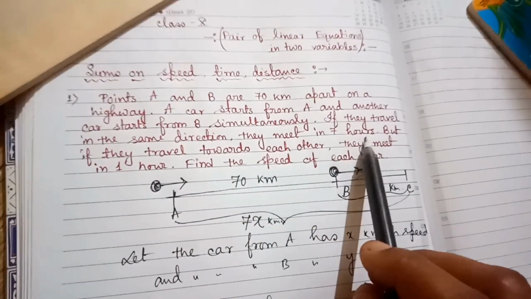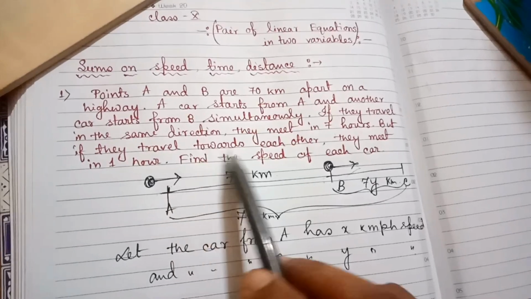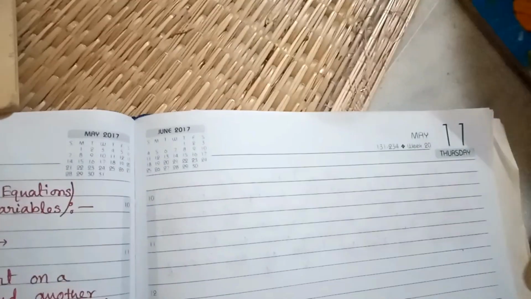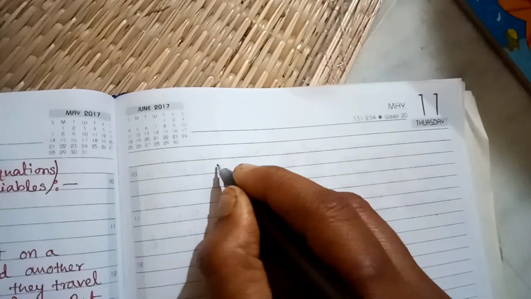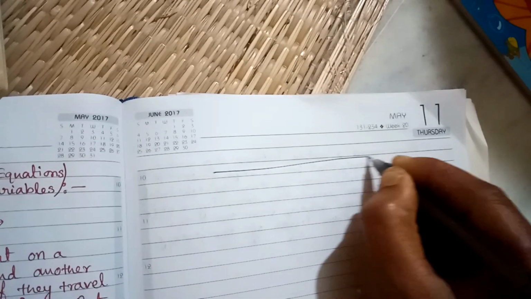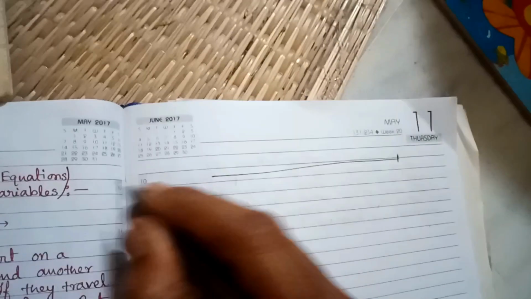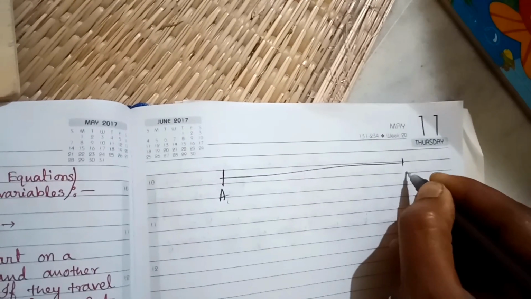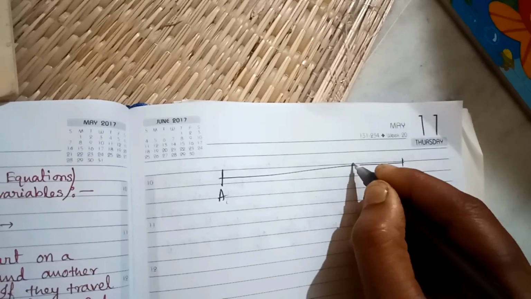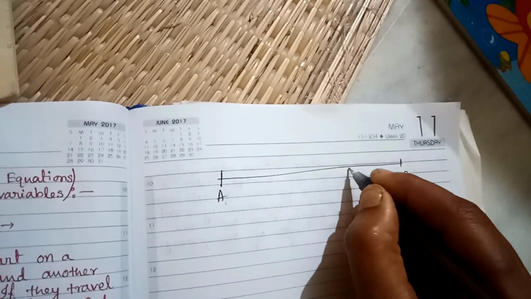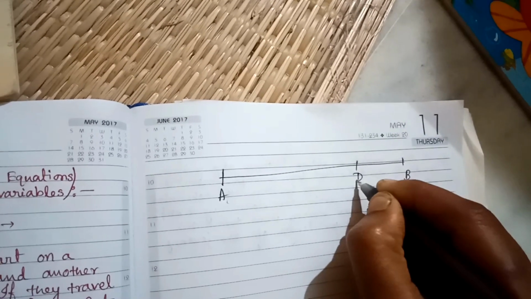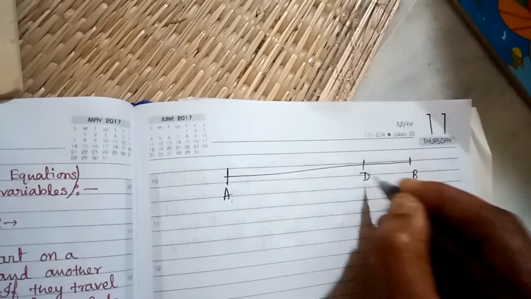But there is another condition left, that is traveling towards each other. So for that we will draw another figure. Suppose this is A, this is B, and we will not take the meeting point in the middle, we will take it a little bit towards B. Suppose D is the meeting point.